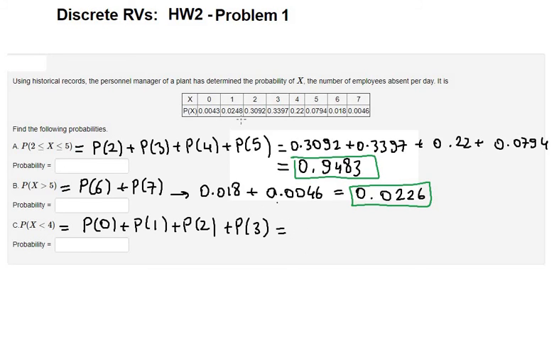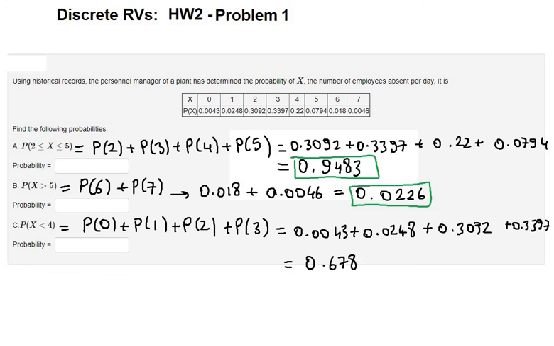If we substitute, the probability that X is 0 is 0.0043 plus 0.0248 plus 0.3092 plus 0.3397, and if we add them all up, we obtain 0.678. So this is the probability that X is less than 4 strictly.